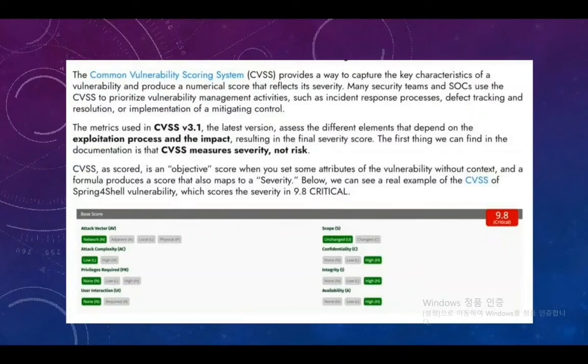Below, we can see a real example of the CVSS of the Spring4Shell vulnerability, which scores the severity at 9.8 critical.